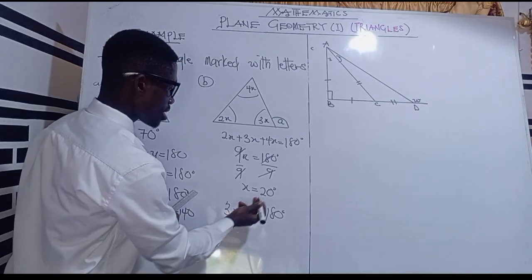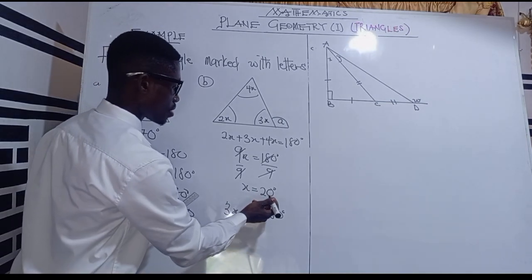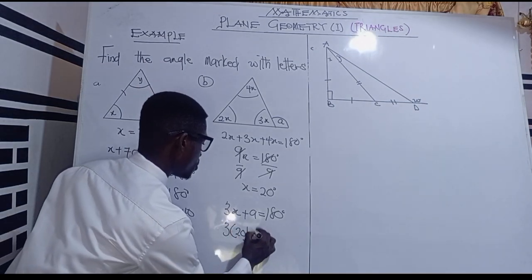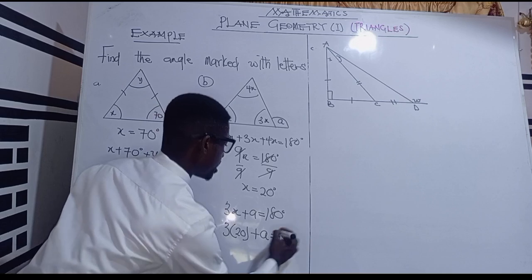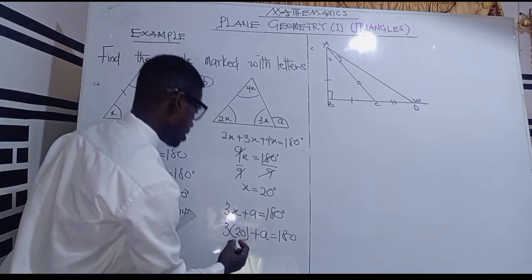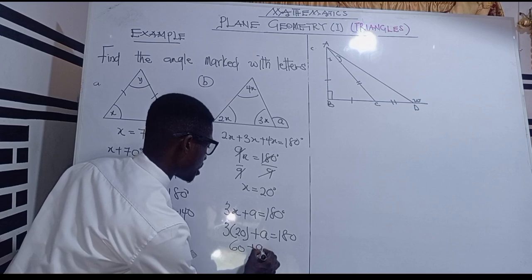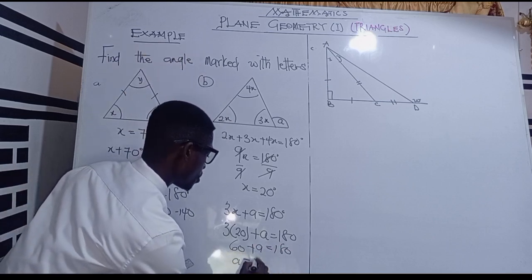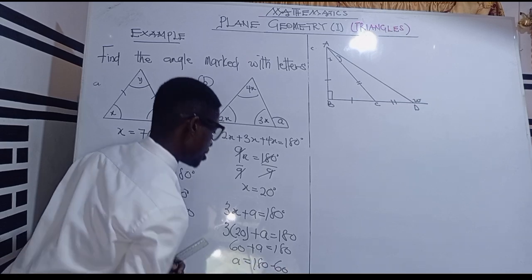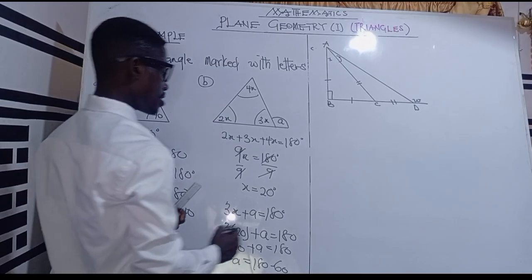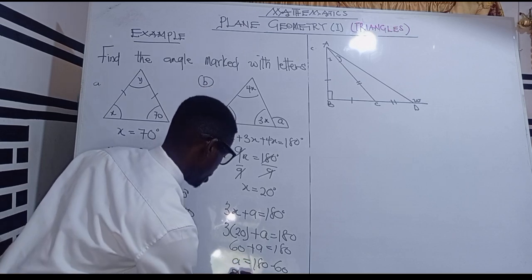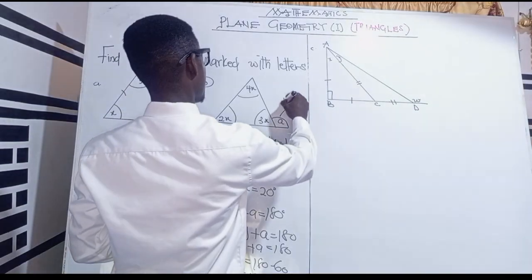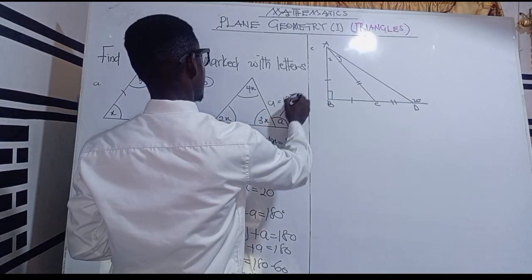Now, we have already established that our x is equal to 20 degrees. So we have 3 multiplying 20 plus A is equal to 180 degrees. 3 times 20 is 60 degrees plus A is equal to 180 degrees. So A is equal to 180 minus 60 degrees. Therefore, our A is equal to 120 degrees.